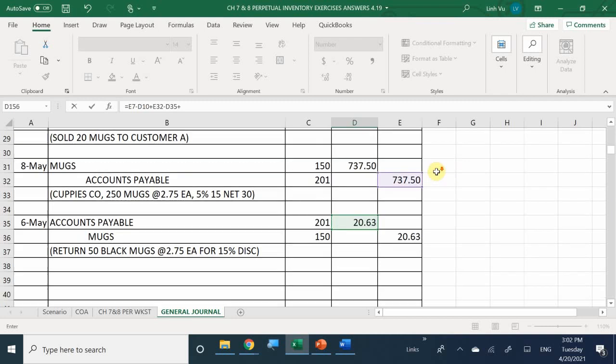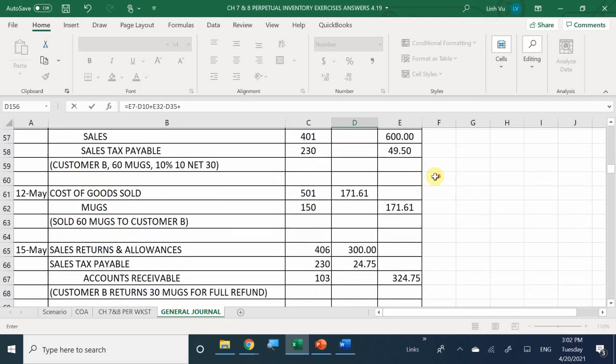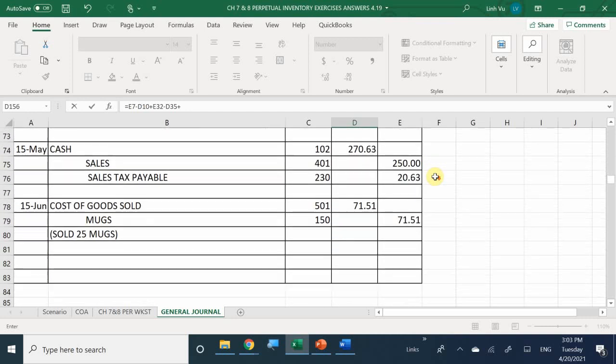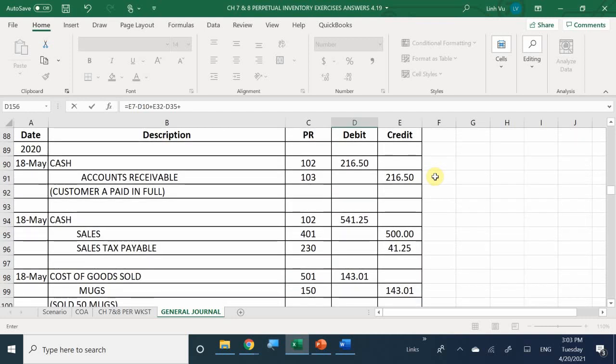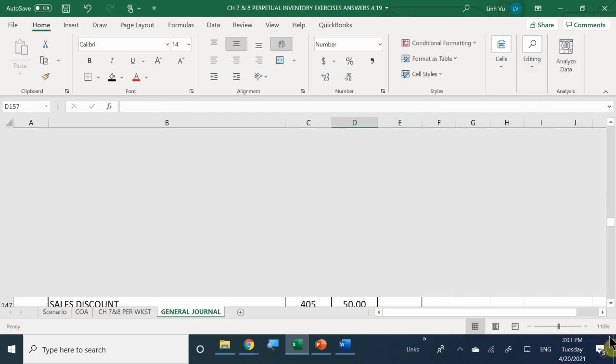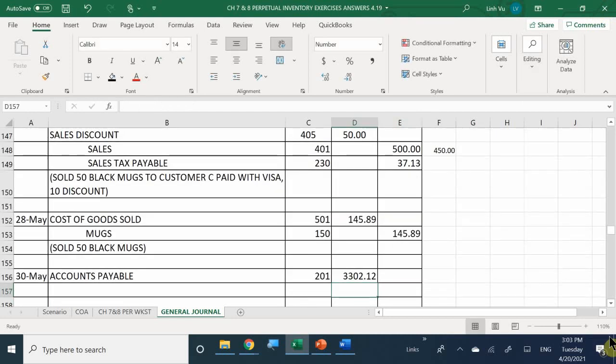And then lastly, the last bill we charged on the 20th of May. We purchased an additional $1,200. And so therefore, we owe in grand total $3,302.12.